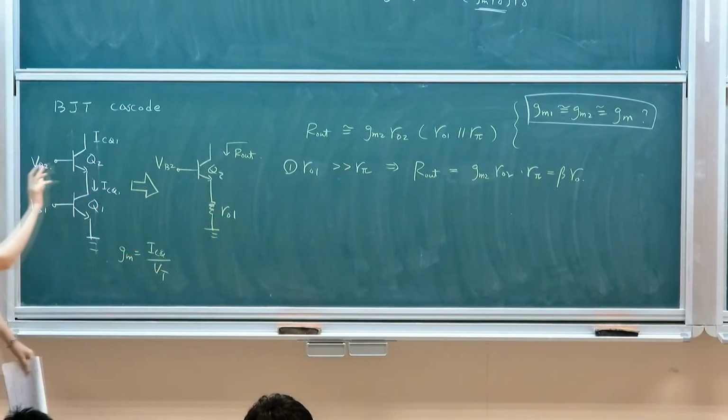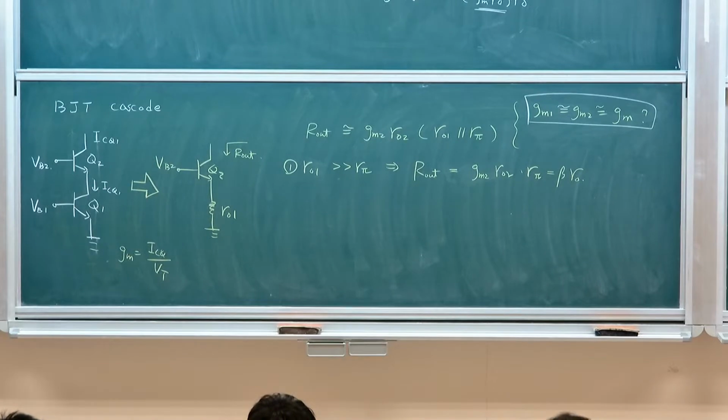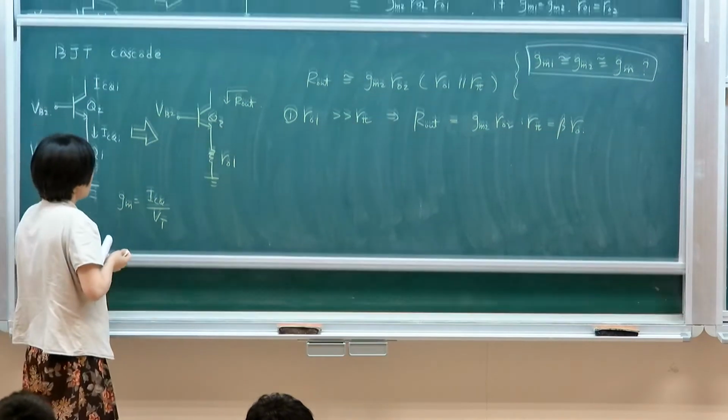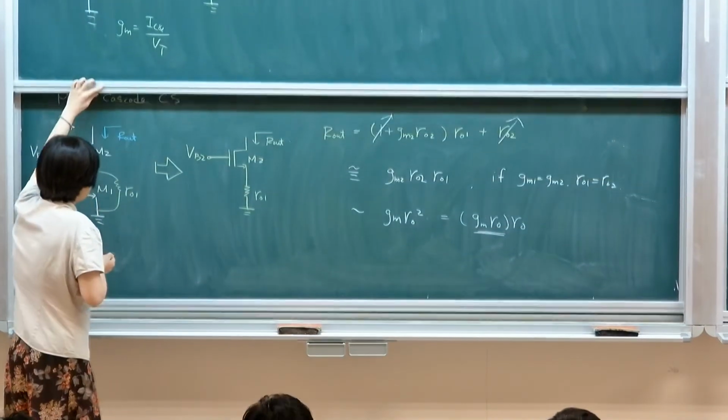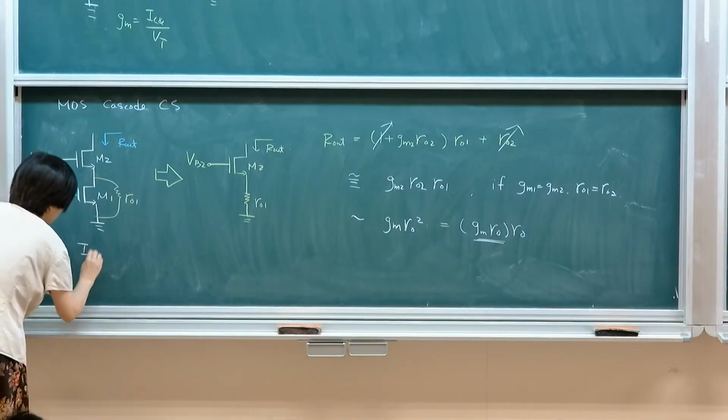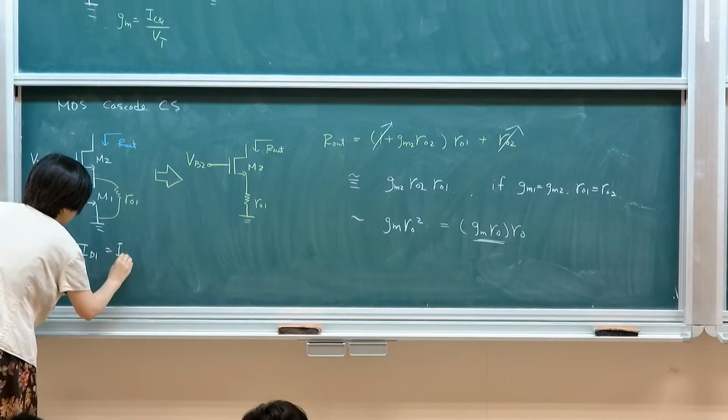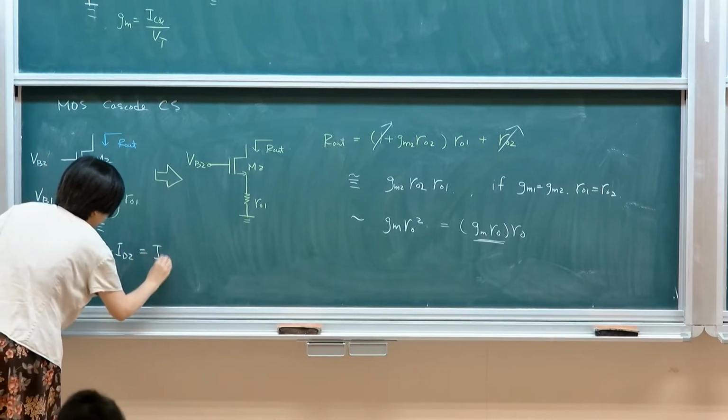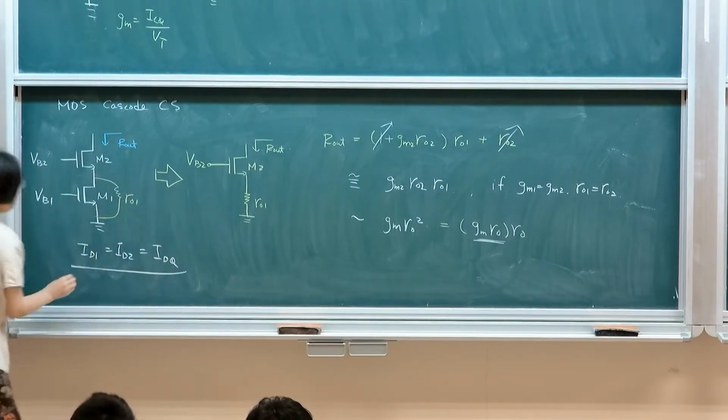In MOSFET, it's harder for me to say that. It's because in MOSFET, you could use W over L to adjust so that not necessarily both of them have the same GM, even though their current can be the same. The current through a cascode structure, remember, I want to say it again: ID1 equals ID2, equal to the same biasing current in this case.